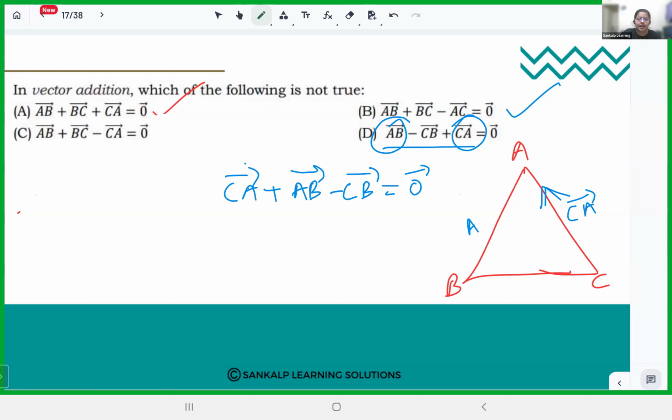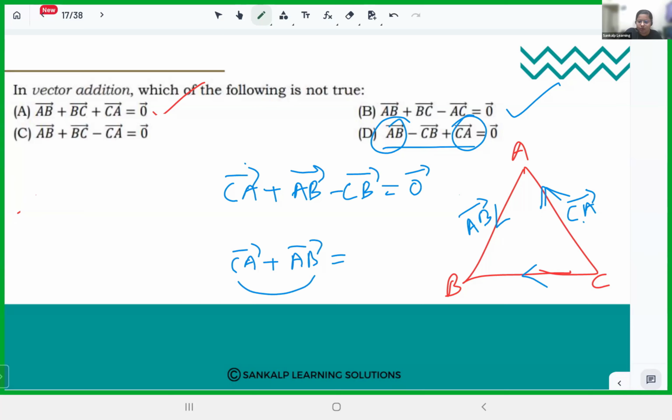According to the triangle law of vector addition, vector CA plus vector AB is equal to, we know, CB. It is AB, with direction like this.